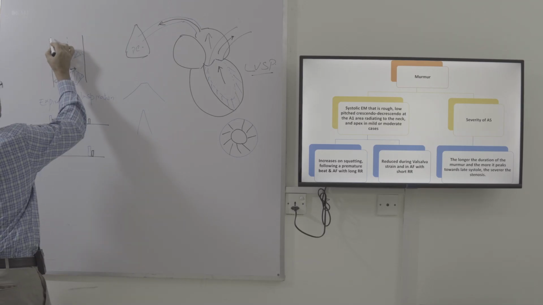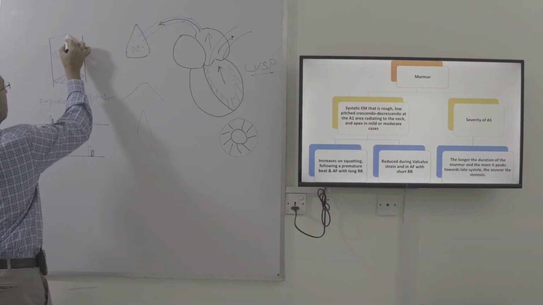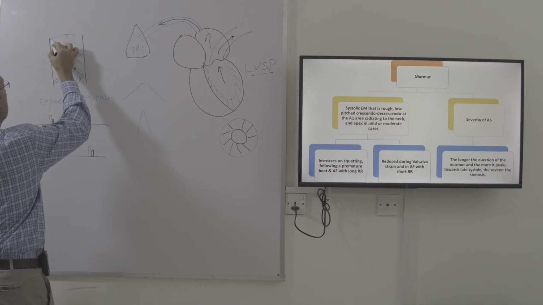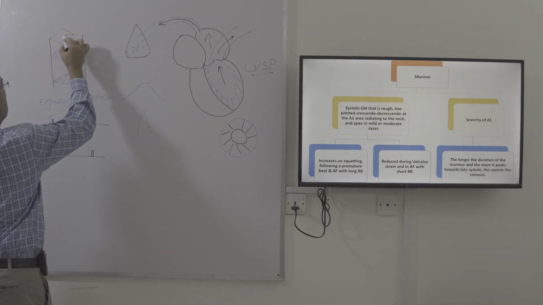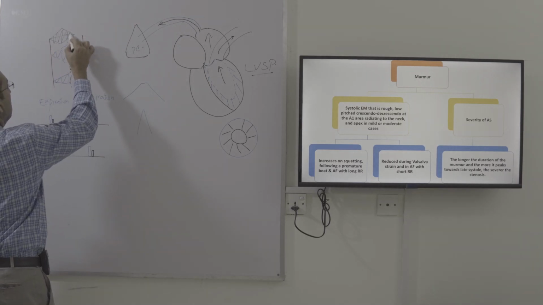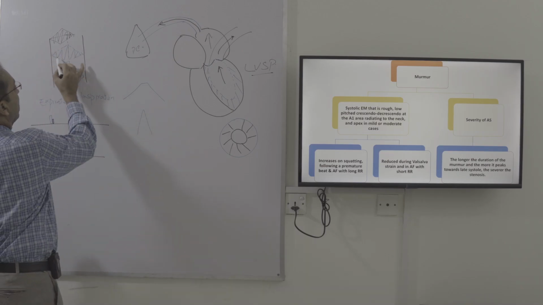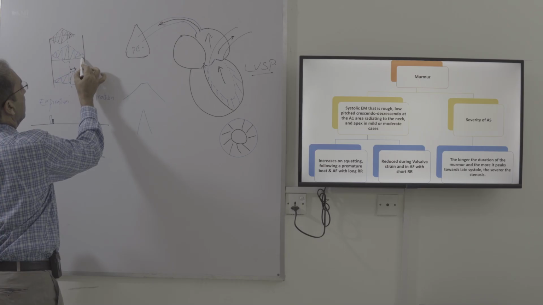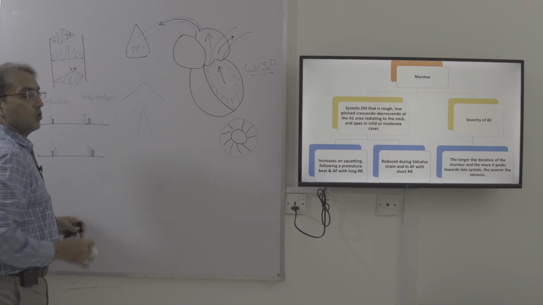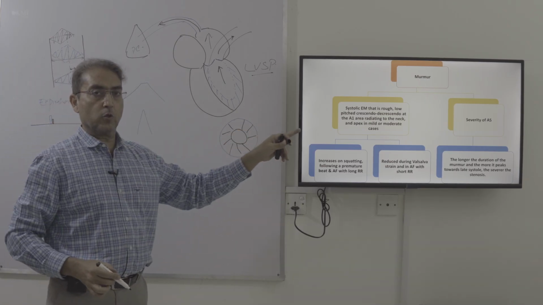So you will hear a murmur in this period. But as the stenosis becomes tighter, the murmur starts increasing in duration. So the longer the duration, the severer the stenosis.